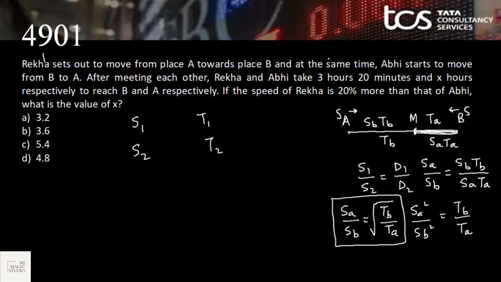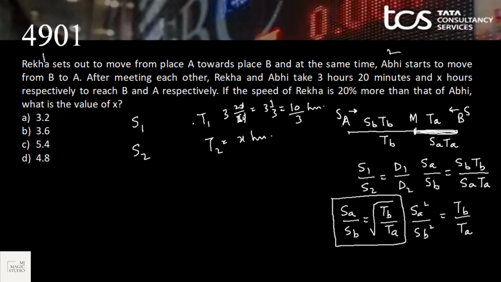Rekha is 1 and Abhi is 2. So after meeting each other, Rekha and Abhi take 3 hours 20 minutes and X hours respectively to reach. So T1 is 3 hours 20 minutes. That means 3 and 1 by 3, 10 by 3 hours, and T2 is X hours.